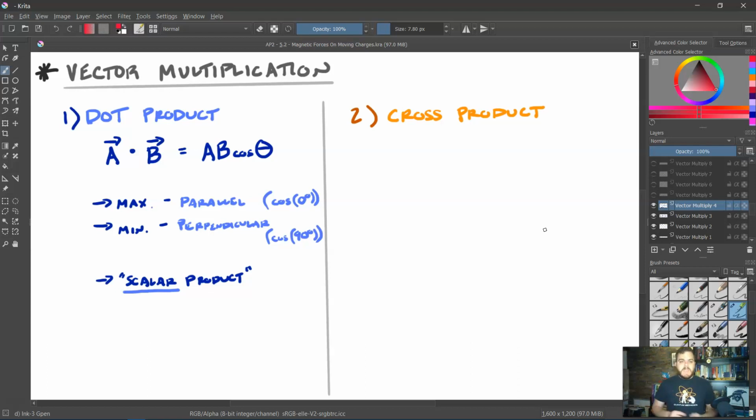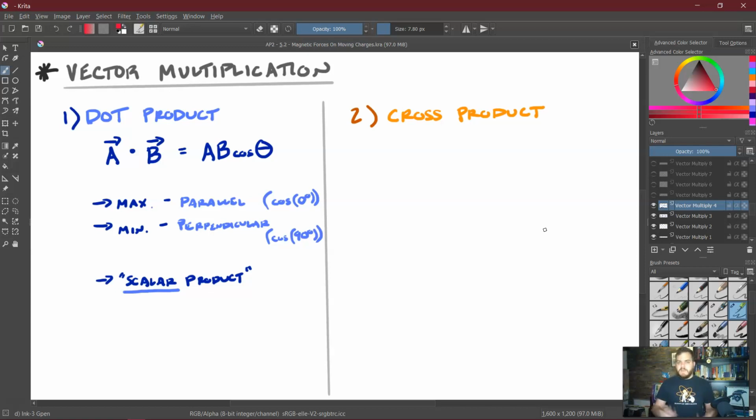And so what that results in is that if A and B are parallel, well then the angle between them would be 0 degrees, and cosine of 0 is 1, so we would get some maximum value. The dot product would just be A times B. But if they are perpendicular to each other, or at 90 degrees, well, cosine of 90 degrees is 0, so if we have A and B perpendicular to each other, their dot product is actually 0.